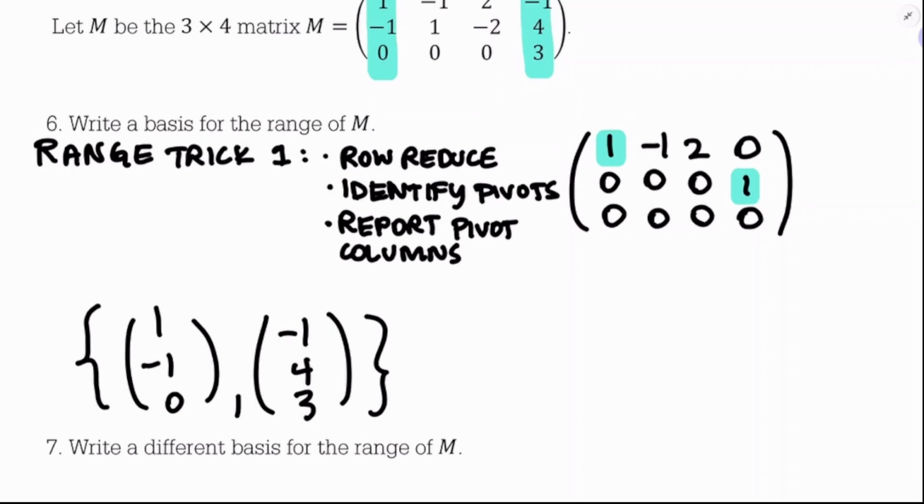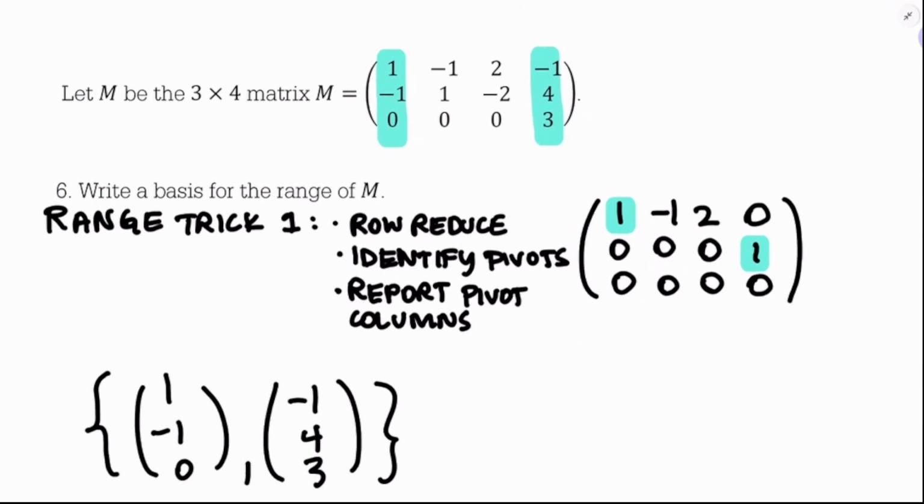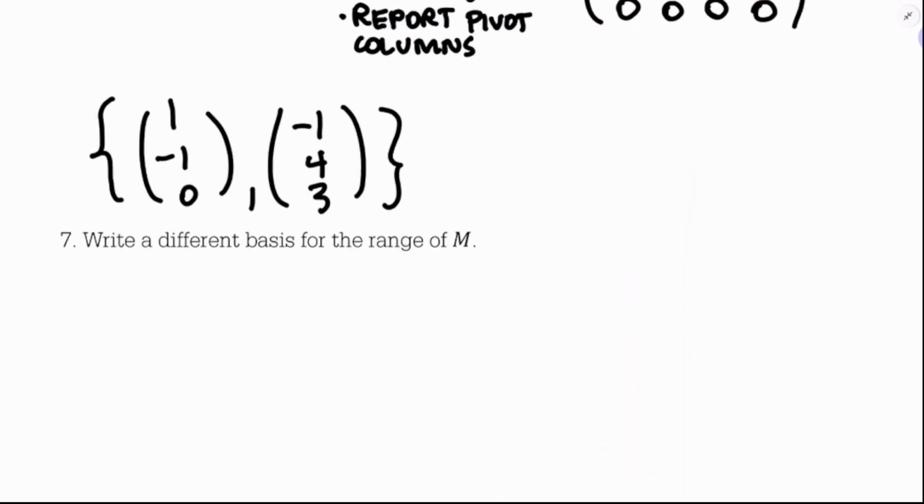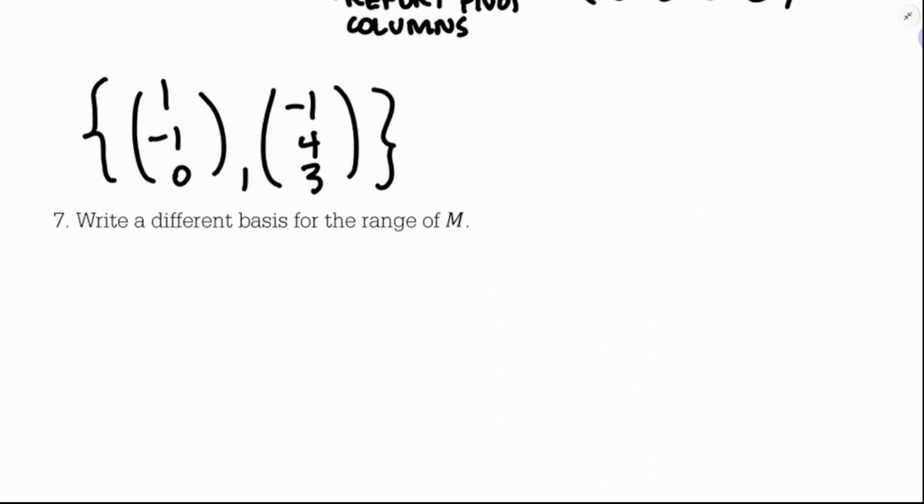And then writing a different basis for the range of M, I call that range trick 2. That's where we utilize the trick about the row space of a matrix being equivalent to its non-zero rows in reduced row echelon form. We're interested in the column space of M, but the column space of M is equivalent to the row space of M transpose. So we're going to find the row space of M transpose.